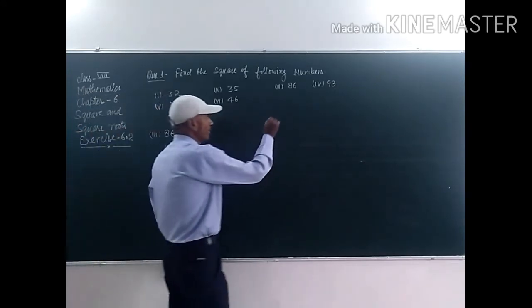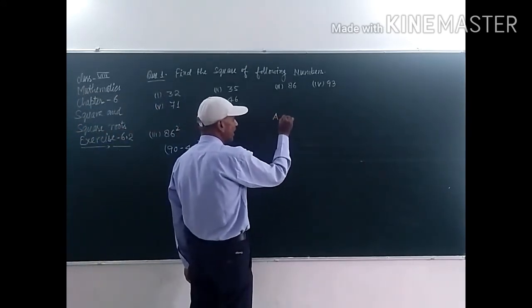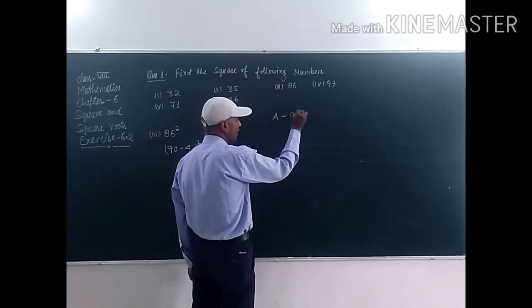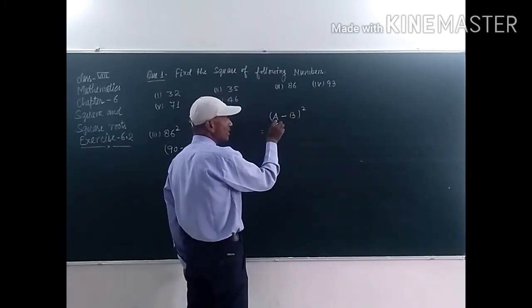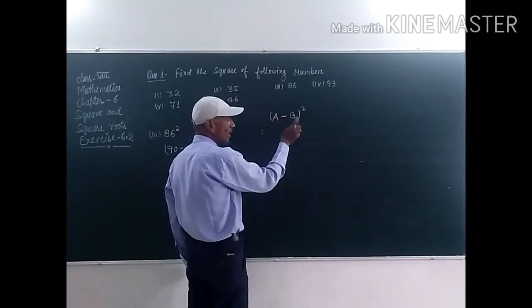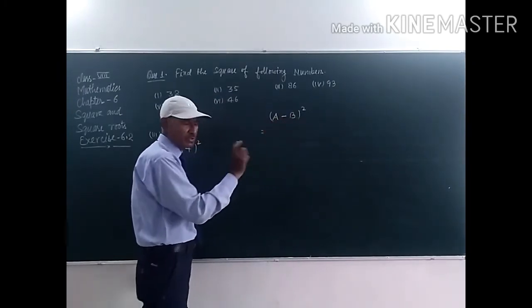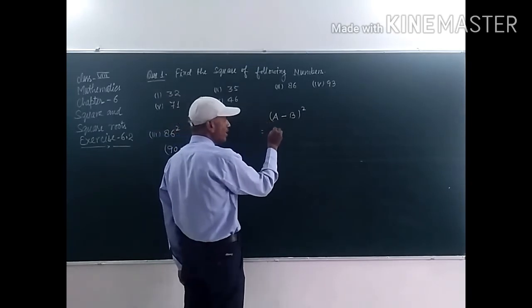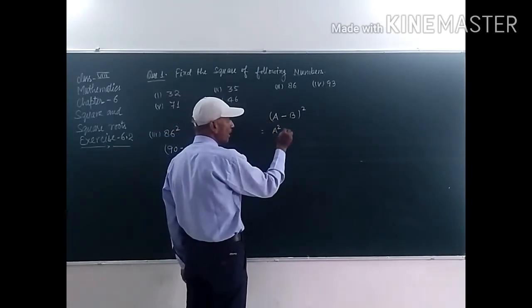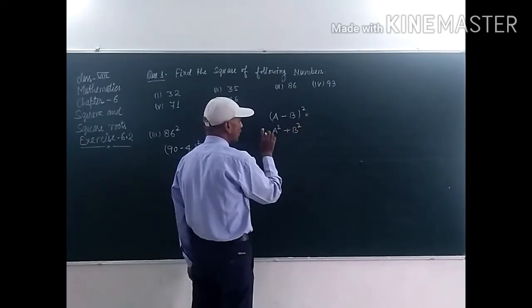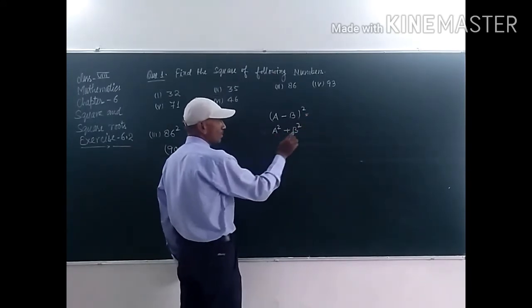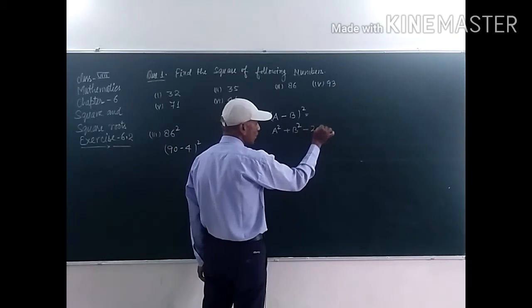square. Suppose there are two numbers, (a minus b) whole square, it means a square plus b square minus 2ab. This one is an identity, so (a minus b) whole square is equal to a square plus b square minus 2ab.